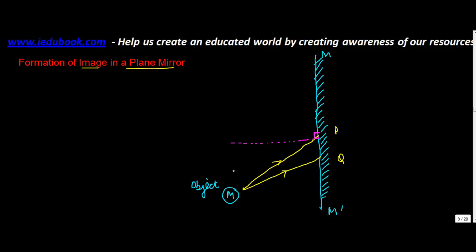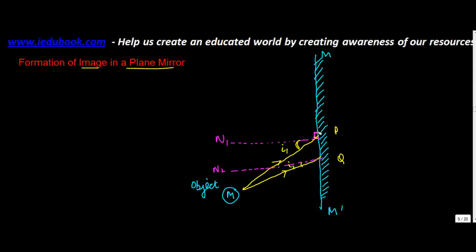Similarly, for this ray also, there will be a normal. Let's call this N1, and this N2. Now the angle which is formed by this incident ray with the normal, let's call this I1 and this one I2.